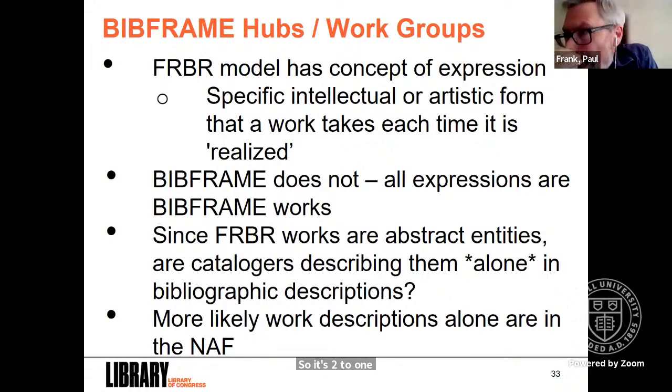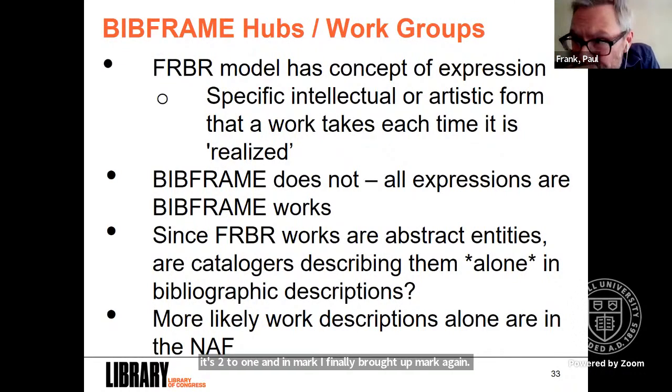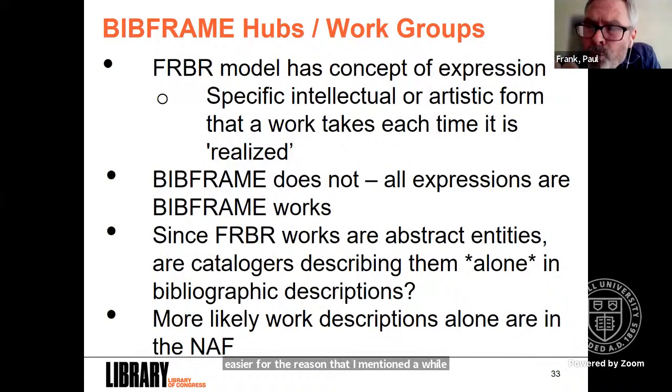And in MARC, I finally brought up MARC again. I've been trying to stay away from the word MARC, but here's where MARC has actually made things a little bit easier, for the reason that I mentioned a while ago, that if you want to describe a work or an expression uniquely, without including elements of a manifestation or an item, like you would in a bibliographic record, you would go to the authority file.